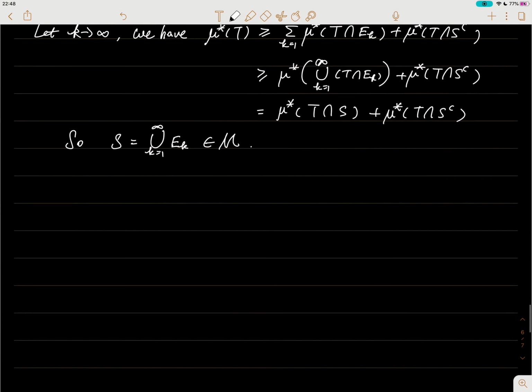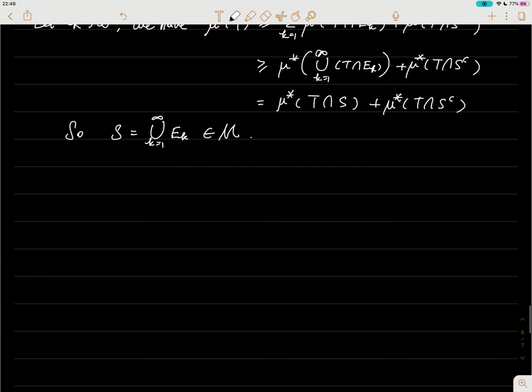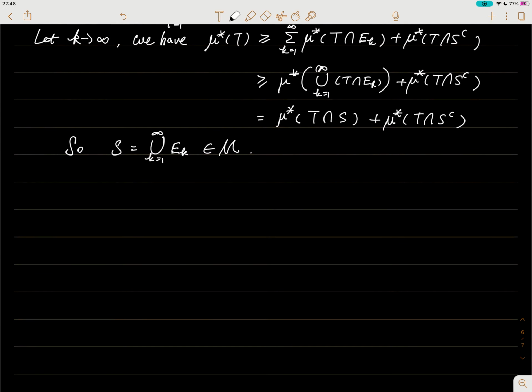Okay, we can also show the additivity, assuming that these E_k's are mutually disjoint. The outer measure of S, in this case, we can just take S as a test set. Then we know this is bigger than or equal to the right-hand side, which is the sum from 1 to infinity of mu star of T intersection with E_k.